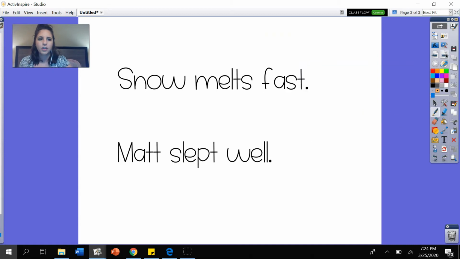Let's try a few more. The next one says, snow melts fast. Now, this sentence, I say, who is this sentence about? Well, there's not a person in this sentence, so what is this sentence about? That's another question I can ask myself. What? Because nouns can be things, right? So, snow melts fast. Oh, this sentence is about the snow.